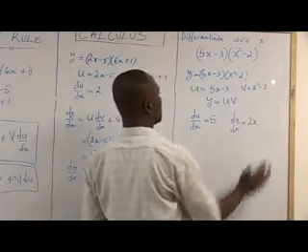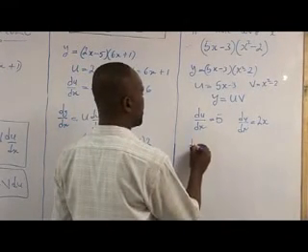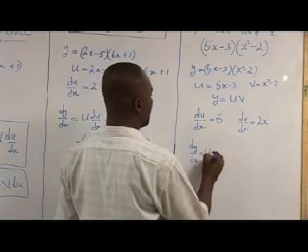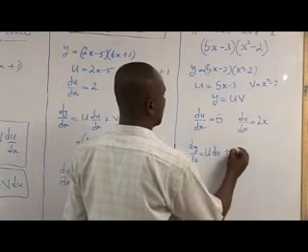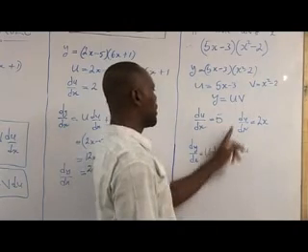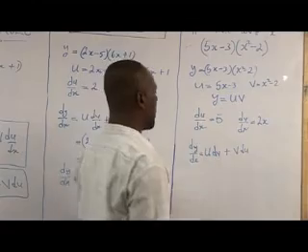Of course, this is a constant, that one vanishes. And then to conclude, we have that dy dx is what? u dv plus v du. By dv I mean dv dx, and by du I mean du dx.